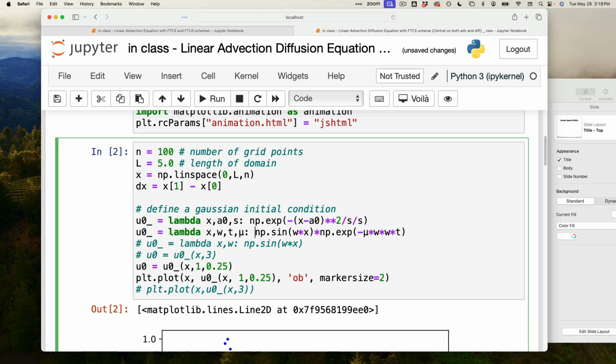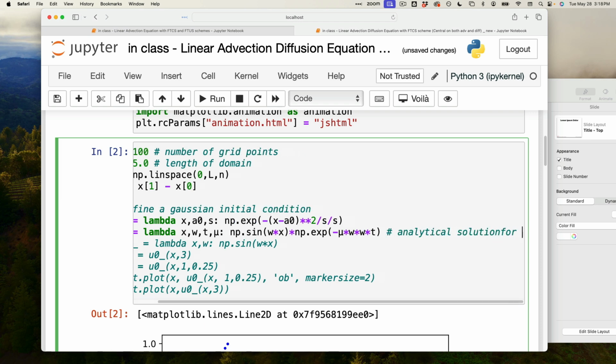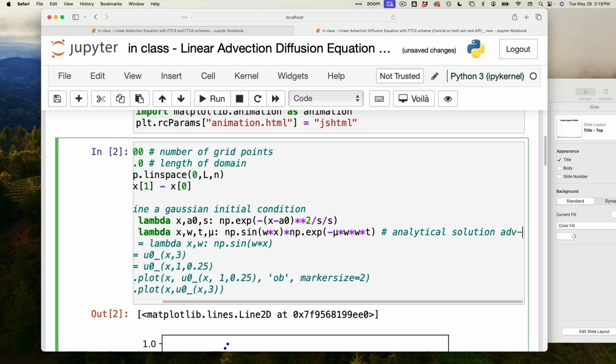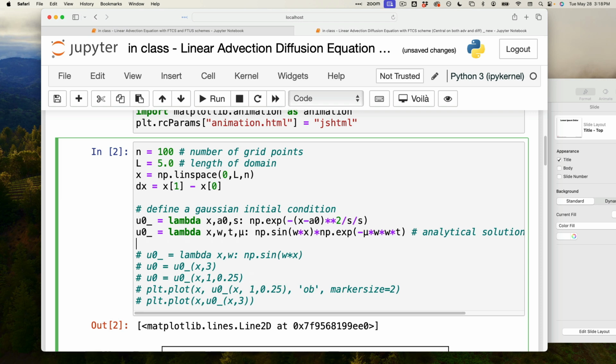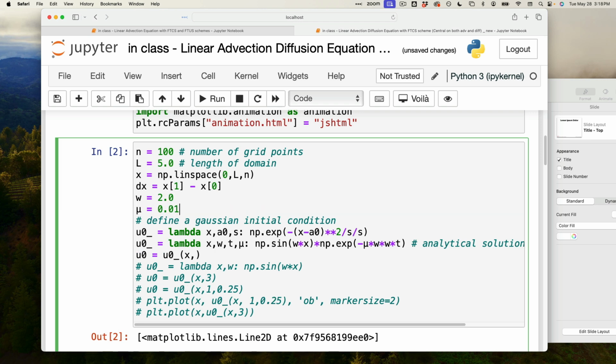We're kind of running out of time, but at least I can show you this one. So let me comment these out. So this is the analytical solution for the advection diffusion equation, okay? So my initial condition is going to be at t equals 0, right? So I'm going to call u0 at x, omega, we'll specify omega equal 2 over here, let's say, and mu equal 0.01.